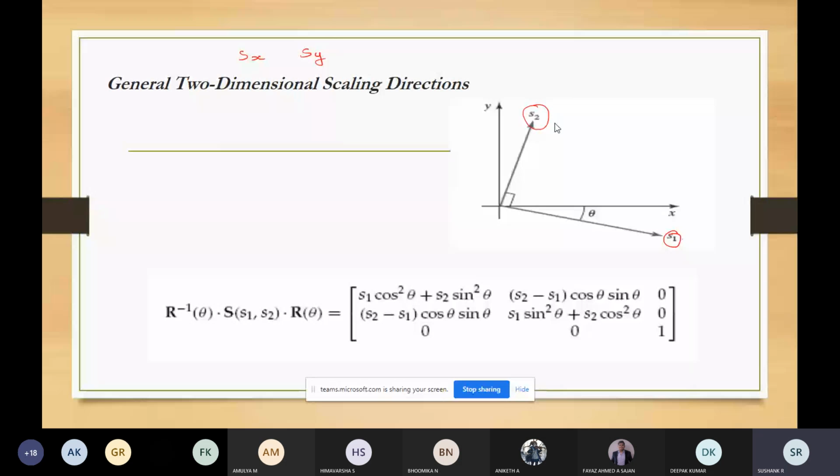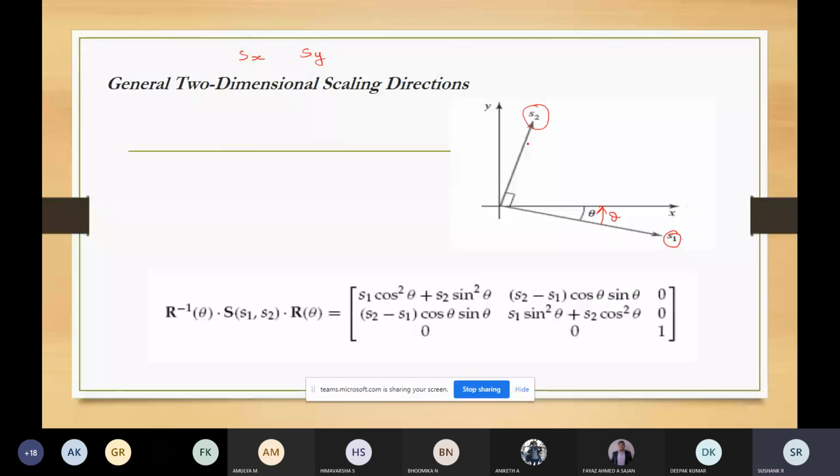In order to scale an object in the s1 and s2 directions, the first thing is you should rotate the object by an angle theta, such that it aligns with the coordinate axes, the x-axis and y-axis.